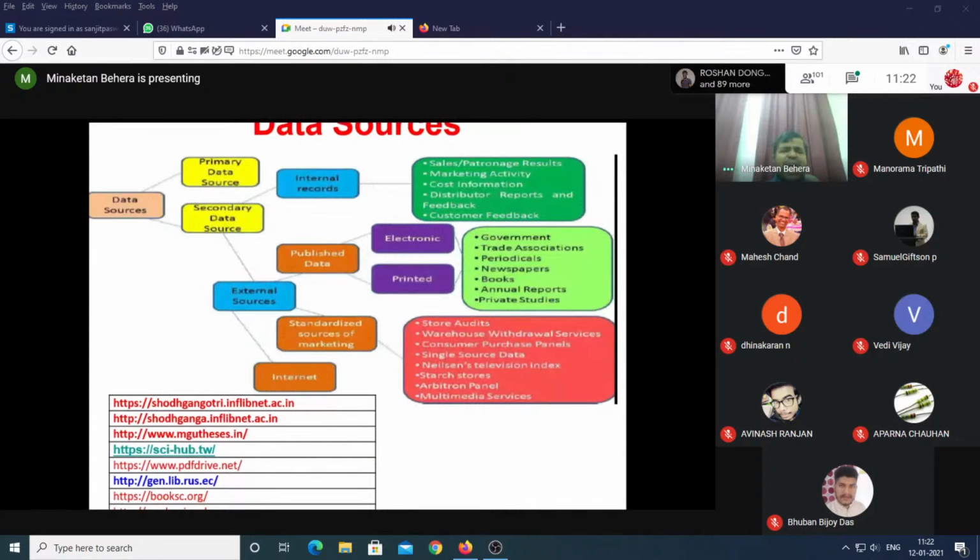As a researcher, you should explore as much as possible. Look at the websites I have given, Shodh Gangotri and Shodh Ganga, where different theses are available, and see how a thesis is written.